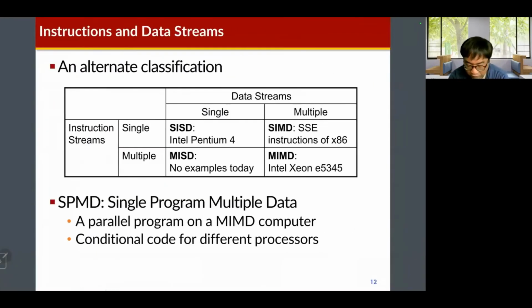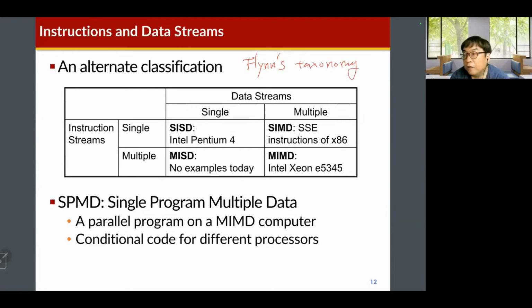And then let's think about the relation between multiple instruction streams and multiple data streams. This is a classification of processors, called Flynn's taxonomy.